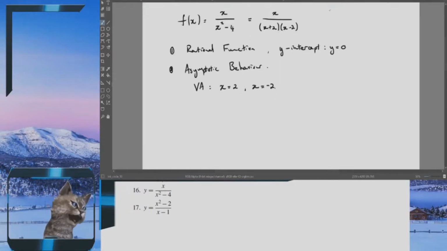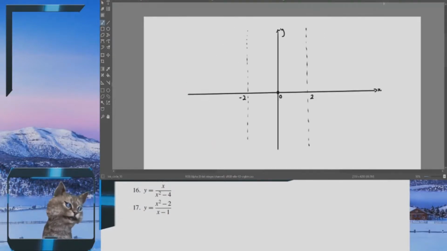Now, at this stage you might feel, I need to know what happens as the graph gets closer to these x values. You could, but because we know we're doing the full graphing steps, when we get to step 3, it's going to be clear what the behavior is. So right now, as I'm getting close to this vertical asymptote, the graph is going to go up or down.